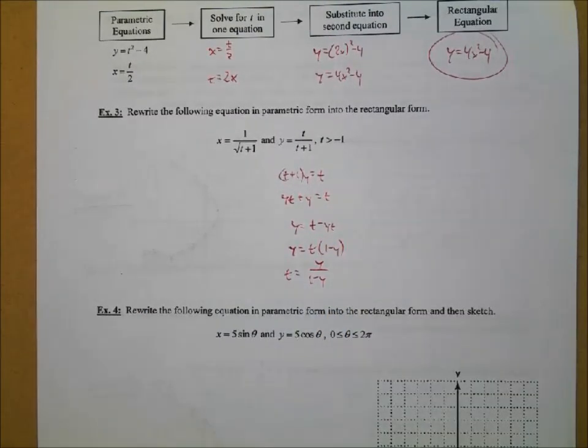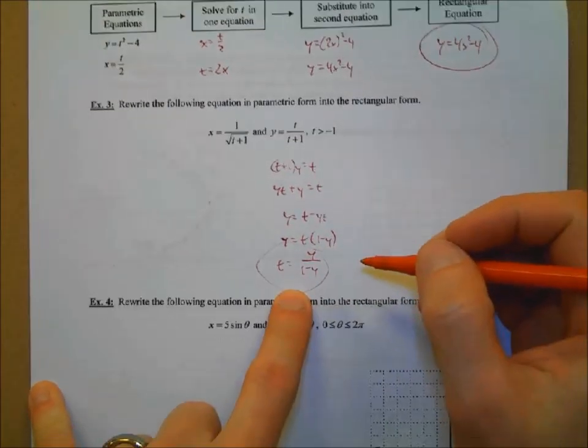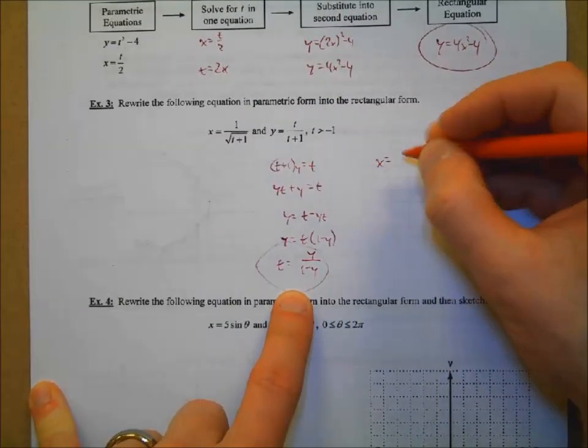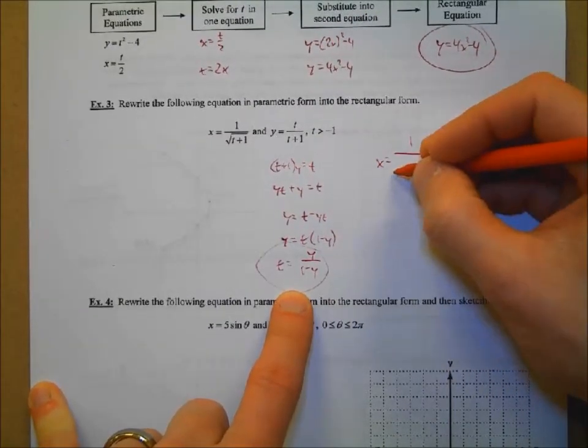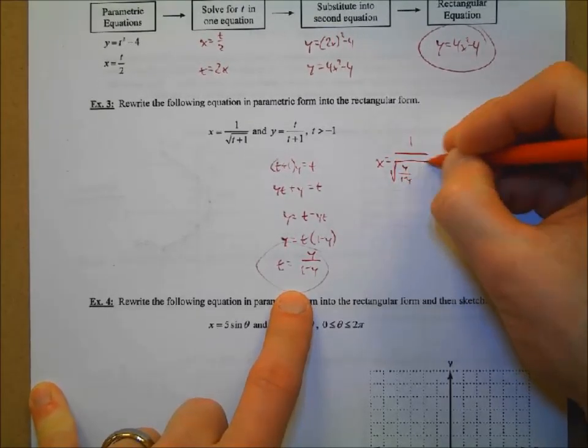So yeah, this works. We can then take that t equals y over 1 minus y and plug it in for the t in the x function. So x equals 1 over the square root of y over 1 minus y plus 1.